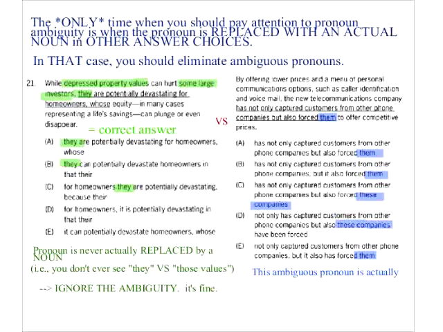The ambiguity is that we don't know if it's customers or phone companies. This ambiguous pronoun is actually replaced by a noun. So, in this special case, you can eliminate on ambiguity.